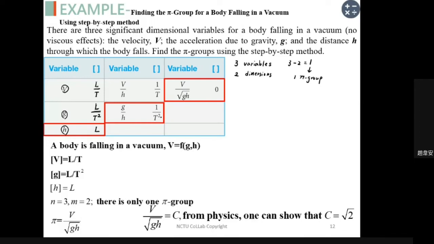We only have t squared over 1 for gravity and t over 1 for velocity. Then we use the gravity divided by h ratio to cancel out the t dimension. So finally, we have V divided by the root of gh, and there are no dimensions involved in this physical property. So we call it a dimensionless parameter.